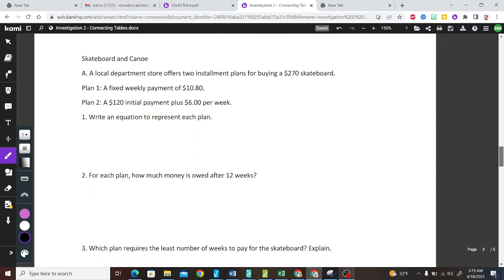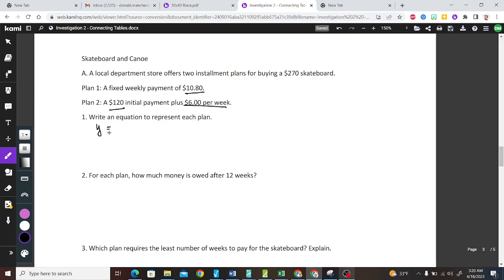So now we're going to look at the skateboard problem. A local department store offers 2 installment plans for buying a $270 skateboard: a fixed weekly payment of $10.80, and a $120 initial payment plus $6 per week. So write an equation to represent each plan. We're going to let y be the money left to pay for the skateboard.